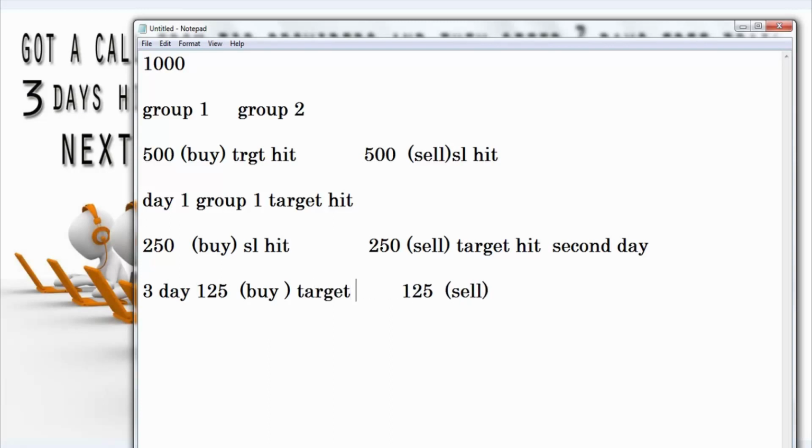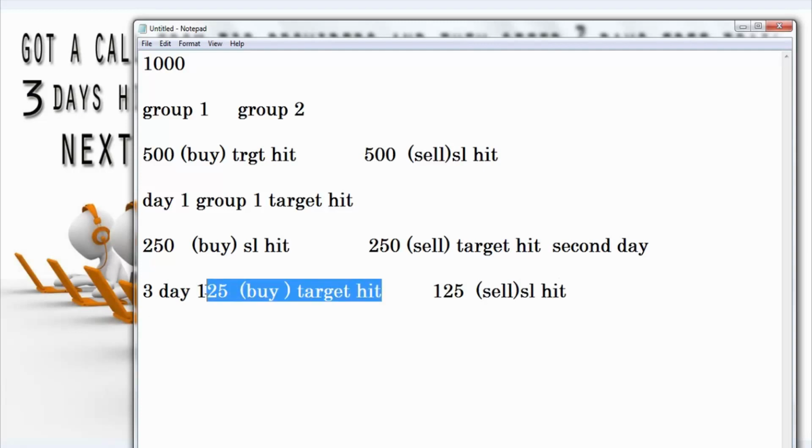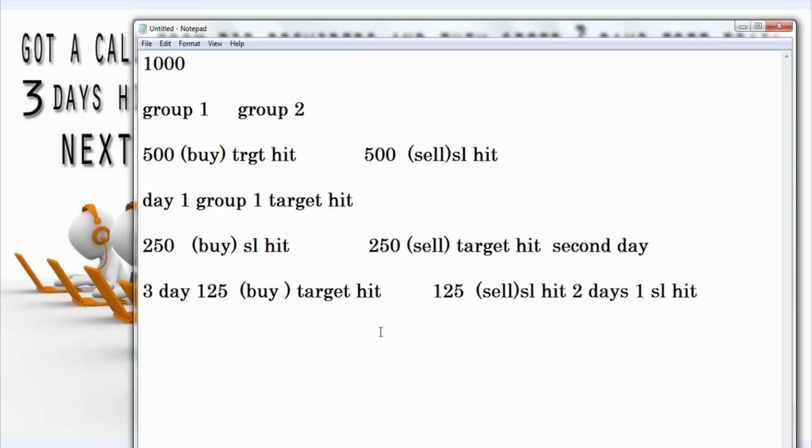That day the buy call's target hit and the sell call's stop loss hit. That means out of these 1000 people, 125 people get 3 days of target hits, and another 125 people get 2 days of target hits and 1 day of stop loss hit.